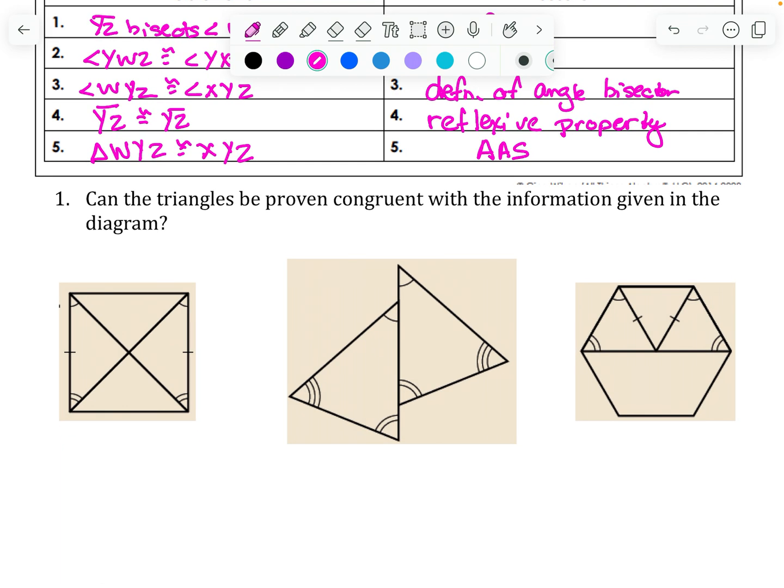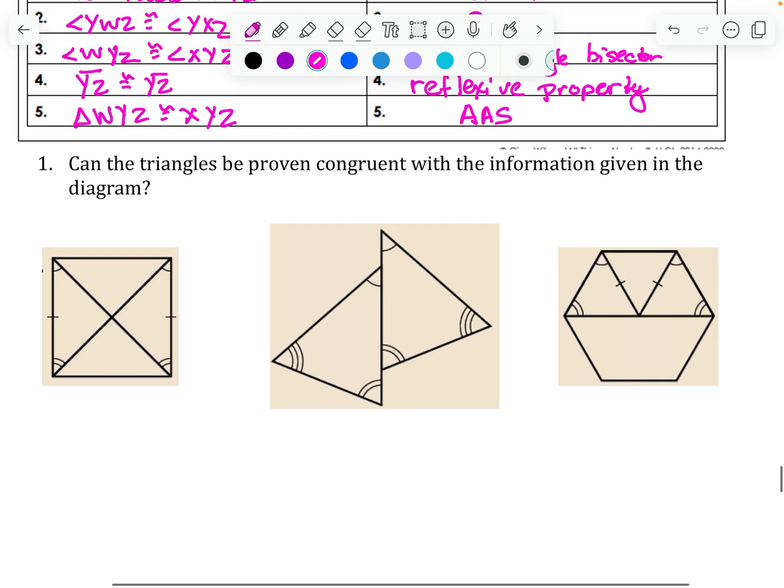So let's look at this example. It says, can the triangles be proven congruent with the information in the diagram? So here we have angle, side, angle. So yes, this is an angle, side, angle. So that works. The next one, this is angle, angle, angle.